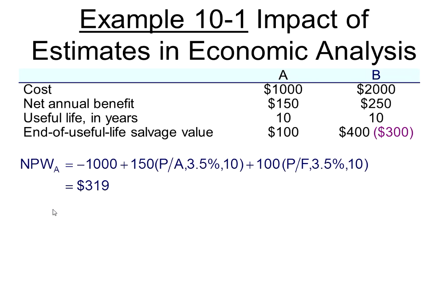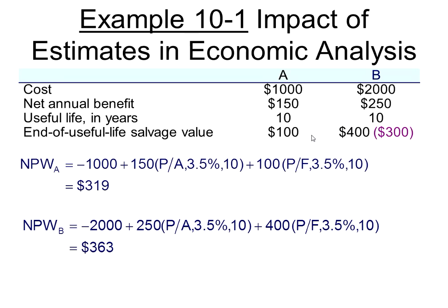Now we can do a similar computation for B, assuming all of these values with a salvage value of 400. In fact, this is very similar. The only difference is using different values, but it is analogous to how we computed the net present worth of A. After we evaluate the expression, we get 363.